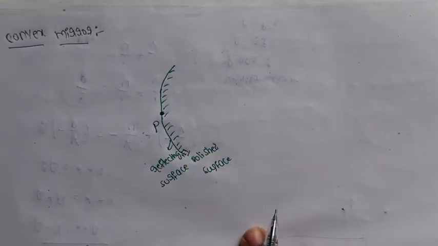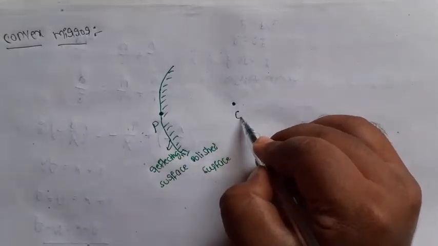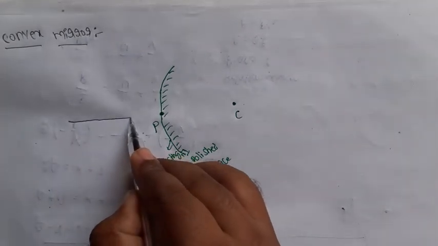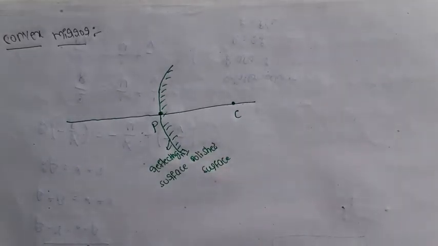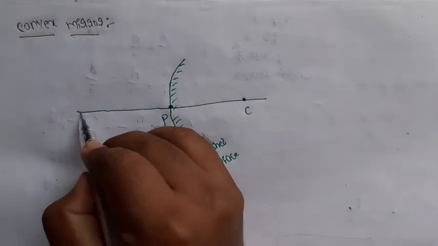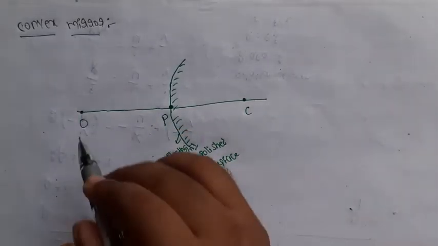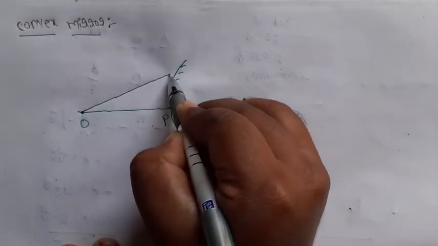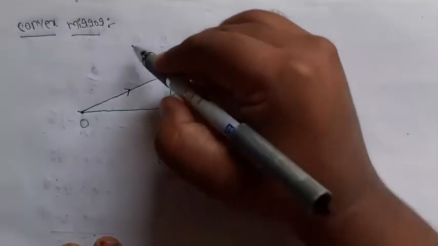So the center of the hollow sphere is the center of curvature. This is the center of curvature. The line passing from pole to center of curvature is the principal axis. This is the object point. This is the incident ray. After that, what happened? That is reflected.